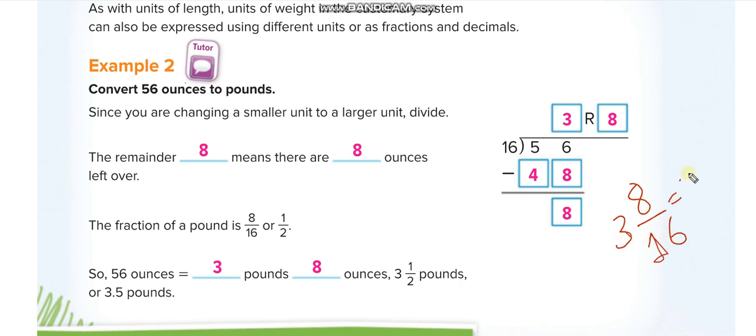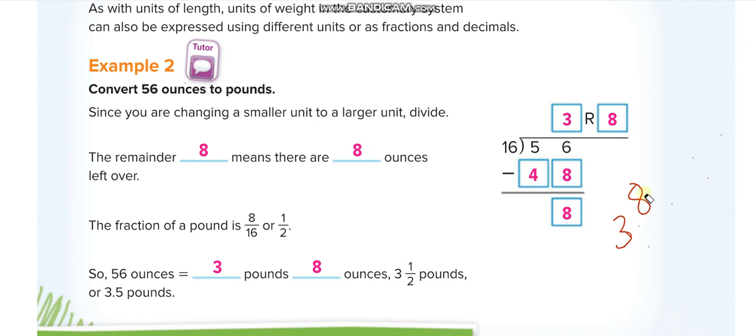We will write it 3 and a half pounds. Got it, guys? Both ways are correct. You can write it 3 pounds and 8 ounces, or you can write 3 and a half pounds in this way. Okay, let us move to the next example.